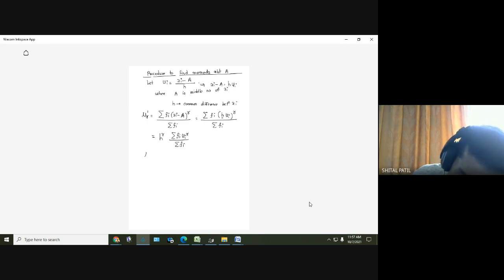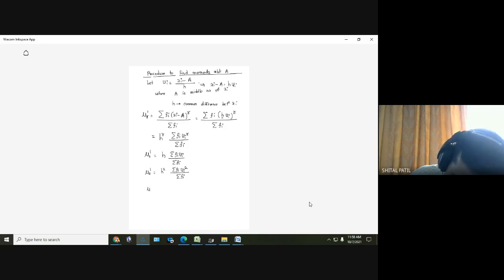That is mu1 dash will be h summation of fi ui divided by summation of fi. That's it. Mu2 dash will be h square summation of fi ui square divided by summation of fi.